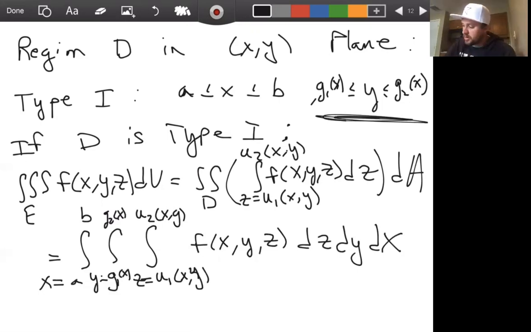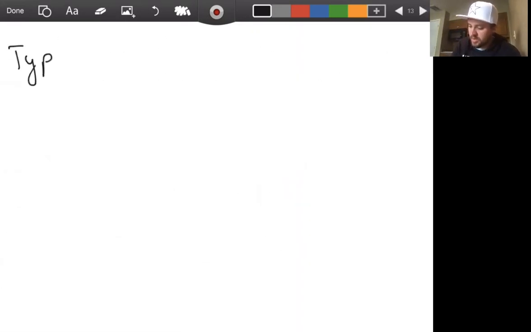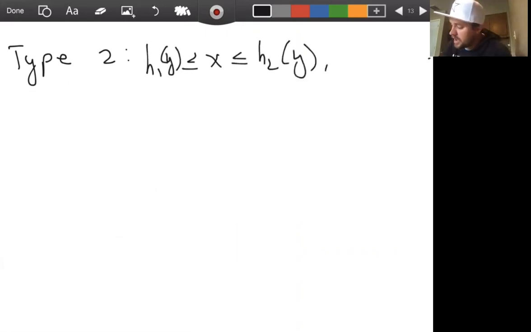And so you get something similar if it's a region of type 2. So remember, type 2 was x is bounded by functions of y, say h1 of y and h2 of y, and then y is bounded by constants, say like c and d.